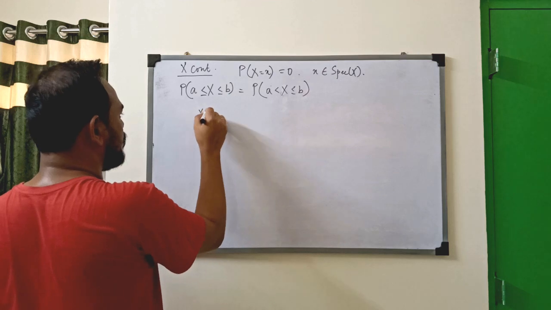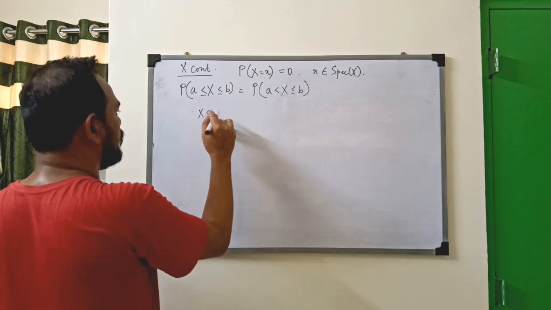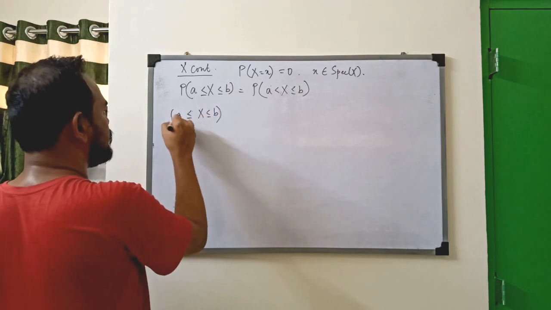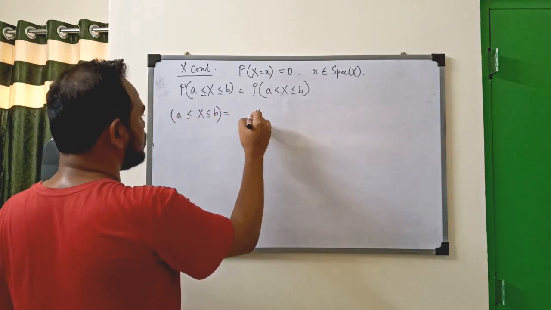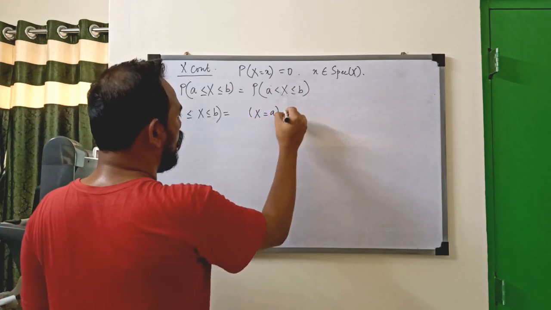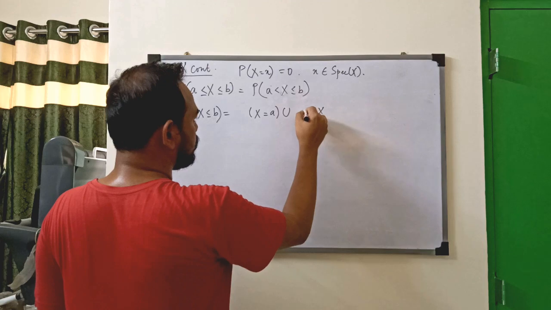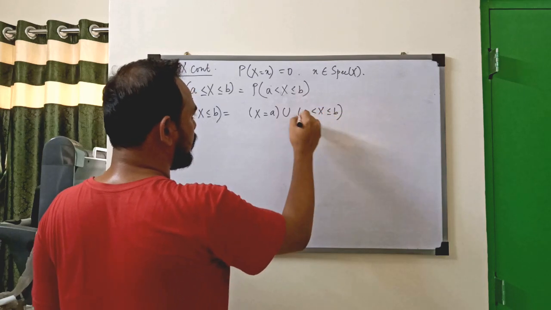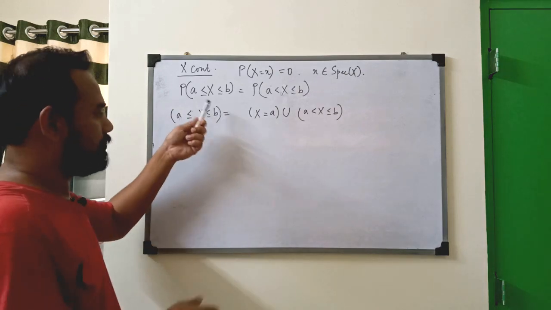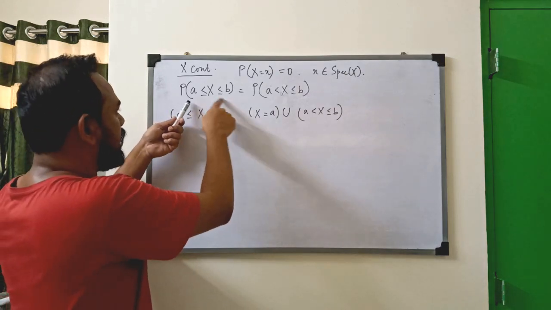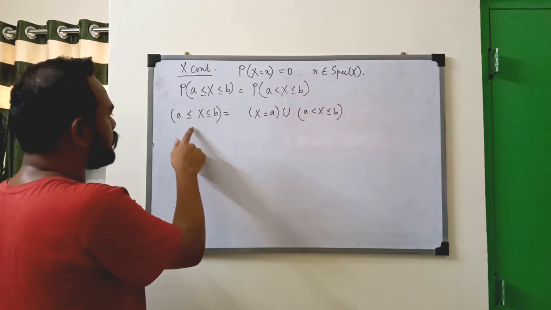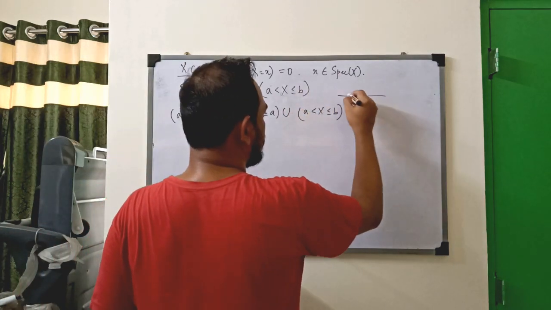So this event that x is between a and b, including a and b, can be broken up as either x is equal to a, or that x is greater than a but less than or equal to b. It's like what we did before when we were proving the result that the probability of x between a and b was equal to F(b) minus F(a). So it's the same argument.